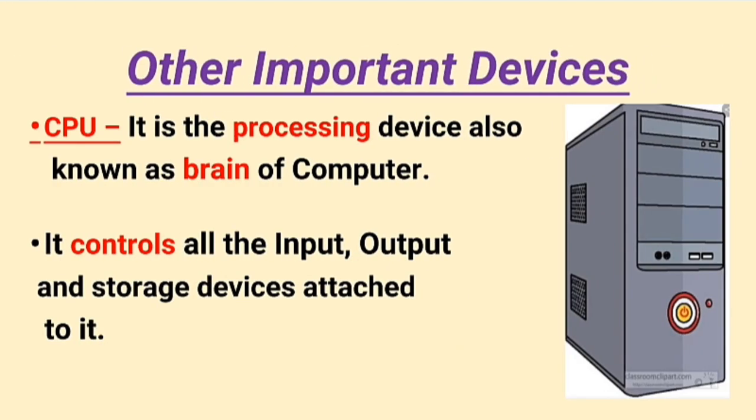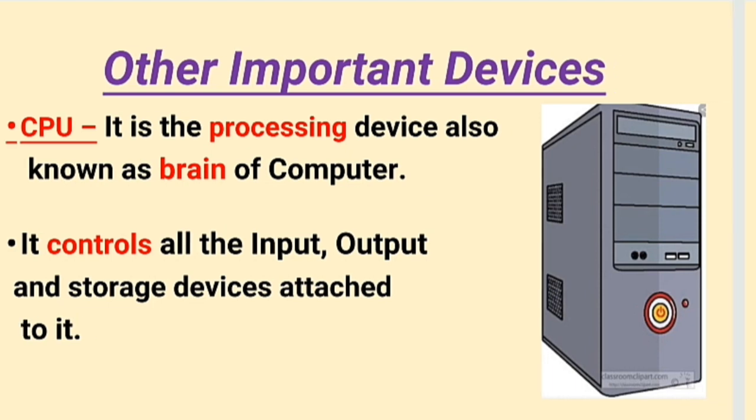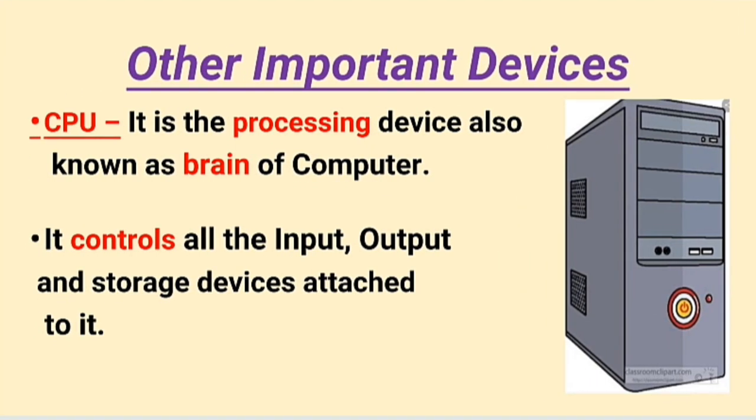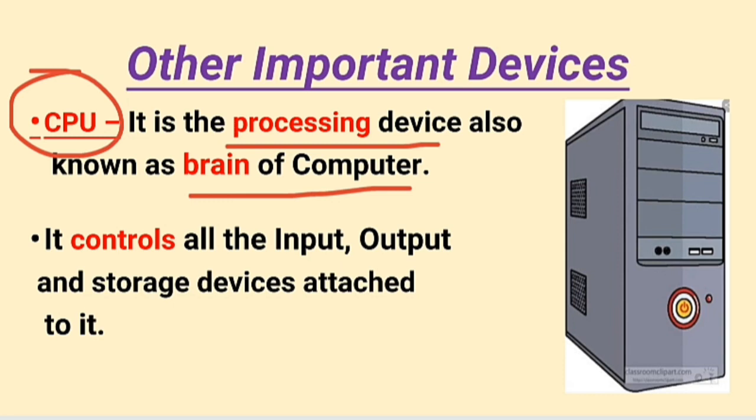Now, after headphones and speakers and all other input and output devices, there are two most important devices that are used with computers. First is the CPU. Basically, CPU is the processing device. It is also known as the brain of the computer.